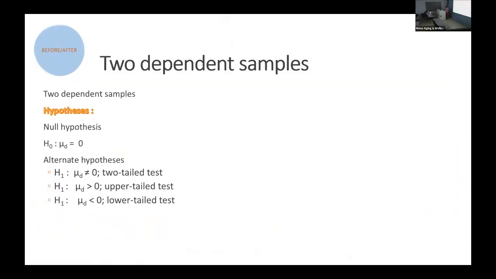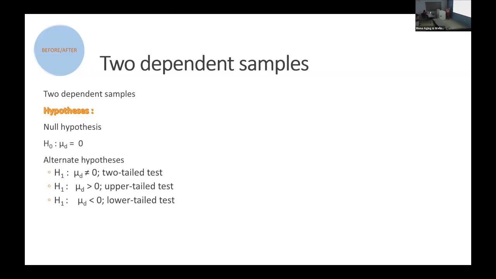So you'll recall the hypotheses for determining if there's a difference between 2 dependent samples are as follows. The null hypothesis is that mu D is equal to 0. Remember what we did?